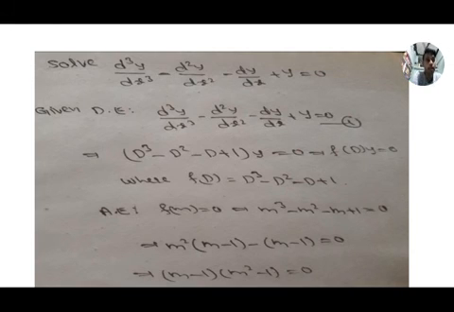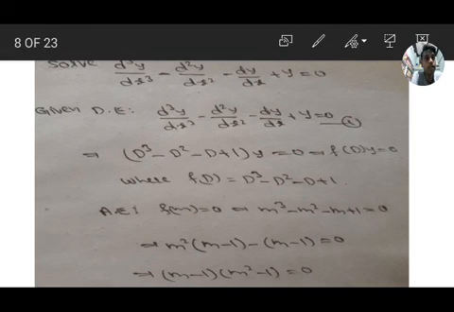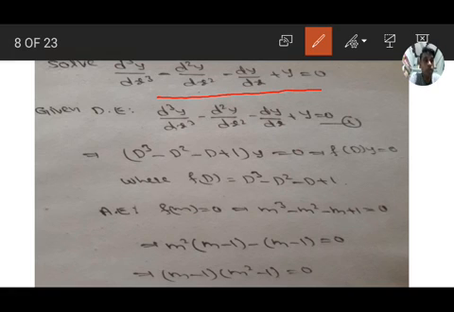So the given differential equation is d cube y by dx cube minus d square y by dx square minus dy by dx plus y equal to 0.